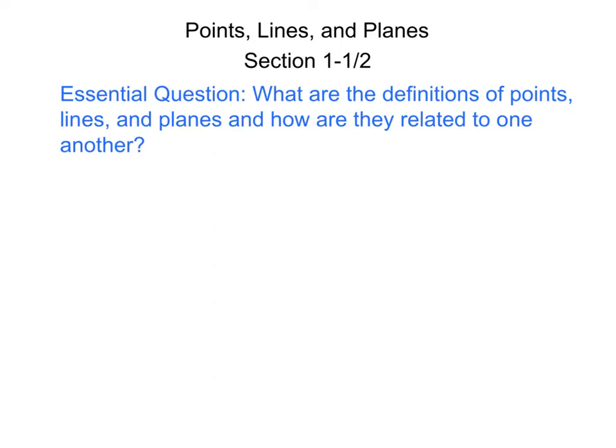It has location, but it has no size. Normally, we're going to represent a point by showing it as a dot or an X on the board or your paper. Now you can see two points represented by A and B. Again, notice that the points are red dots.